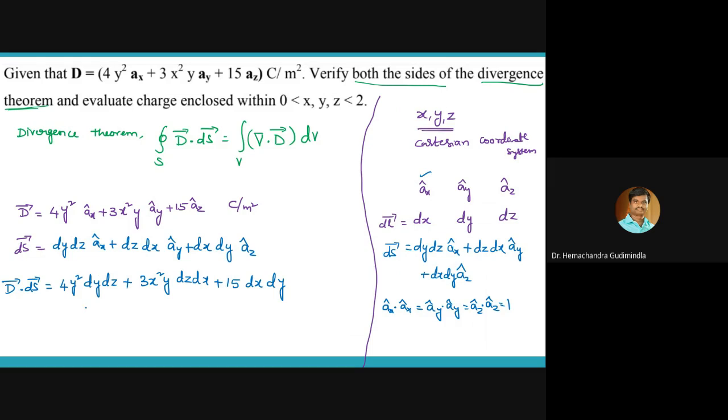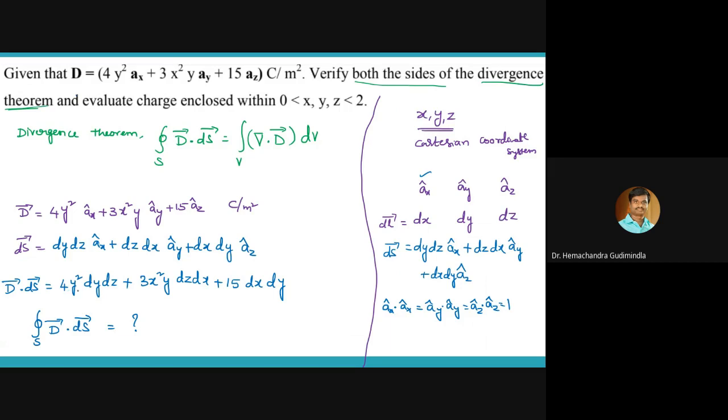Now what we need to evaluate is the integral over the closed surface of D bar dot dS bar. This is a very important step. Here most of the students make mistakes.